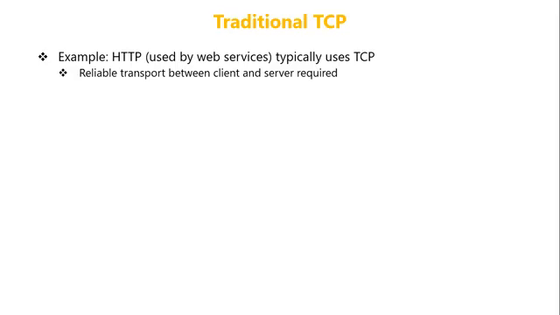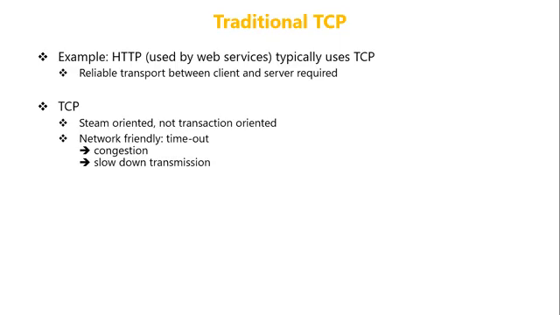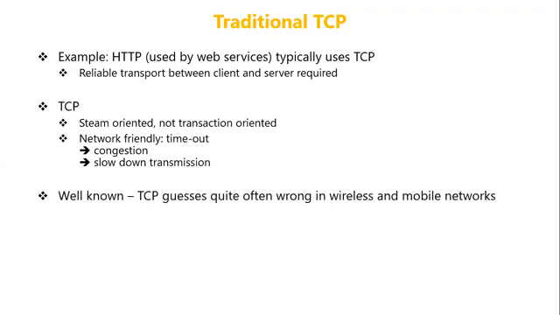TCP also has a built-in mechanism to behave in a network friendly way. If TCP encounters packet loss, it assumes that the network is congested, and it automatically slows down the transmission.